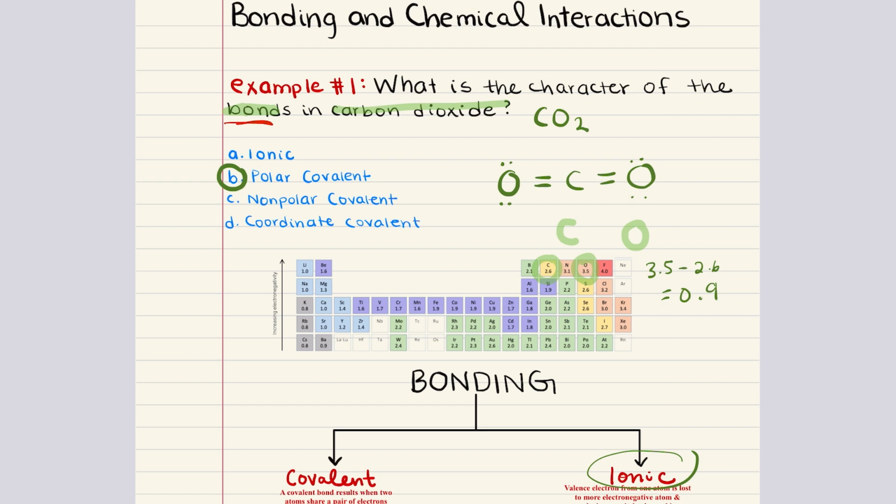All right, so if it asked us what is the character of the bonds in carbon dioxide, we figured out that these are polar covalent bonds. And then we figured out that if we were to determine the character of the whole carbon dioxide molecule, the two dipole moments from both carbon-oxygen bonds actually cancel each other out, and the molecule as a whole is non-polar.